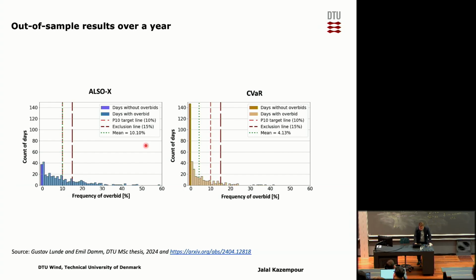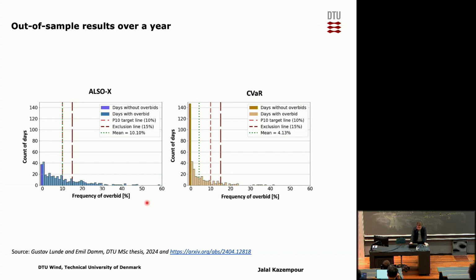The x-axis shows the frequency of outage and how many days the outage is happening. For example, if we use CVaR, you see that in 150 days, the frequency of outage is 0. No outage happened. While for ALSO-X it is way less, because we know that ALSO-X is less conservative than CVaR.